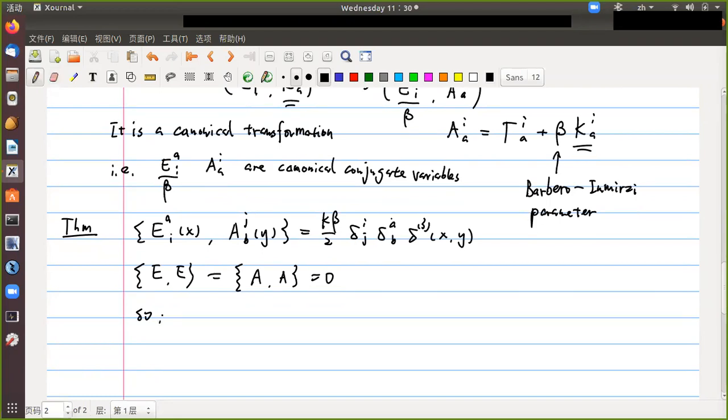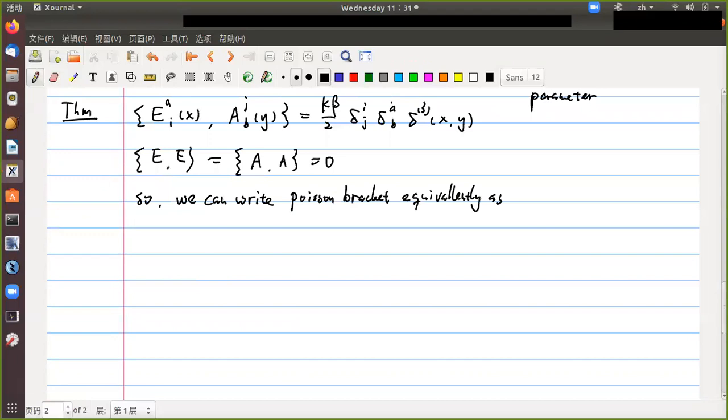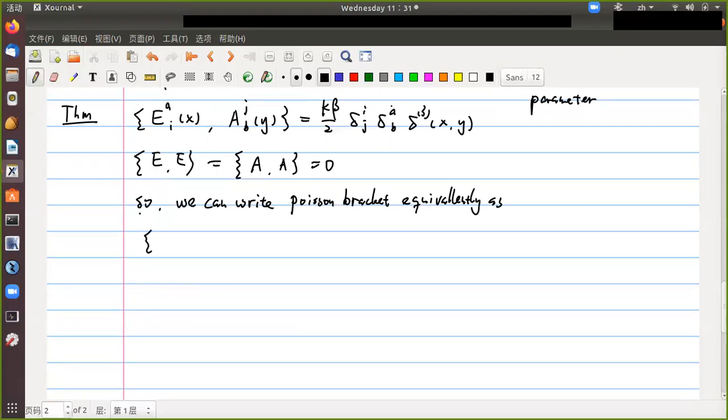We can equivalently write the Poisson bracket in terms of E and A variables.